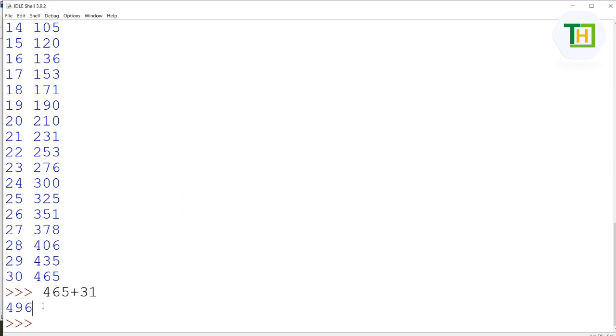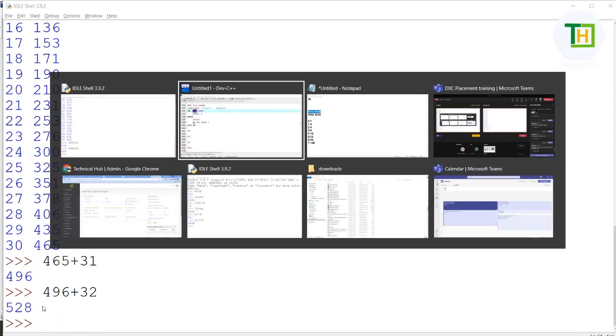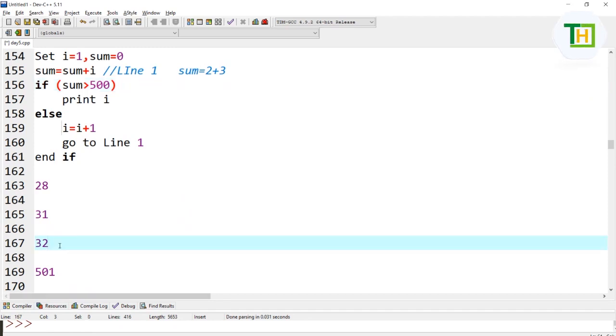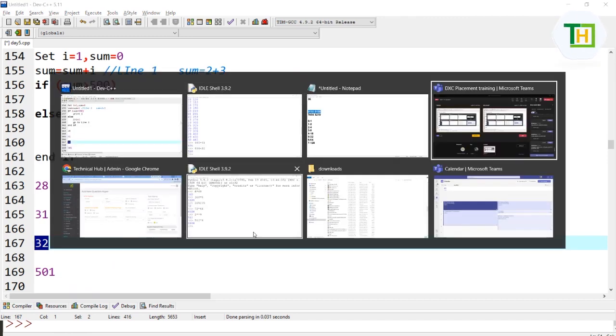No. Then 496 plus 32, that is greater than 500. Now the answer is going to be 32 here.